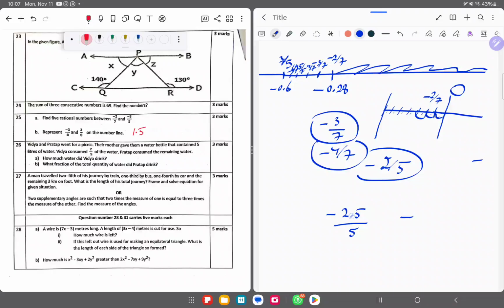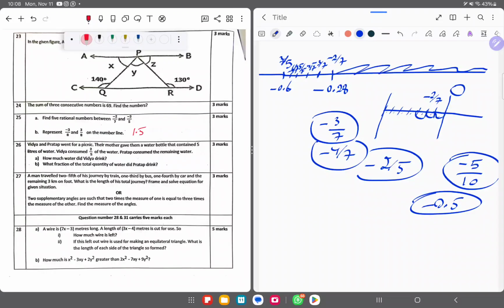Minus 2.5 over 5, I can also write it as 5 over 10, basically. Far by far, near by near. So minus 5 over 10 is going to be minus 0.5, and it's going to fit into whatever I'm trying to do.